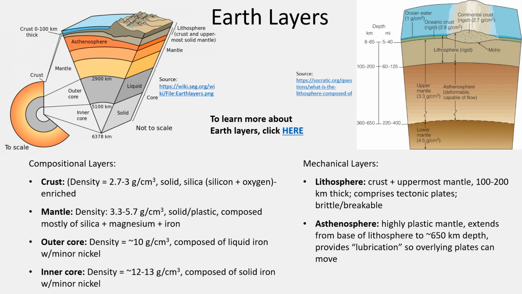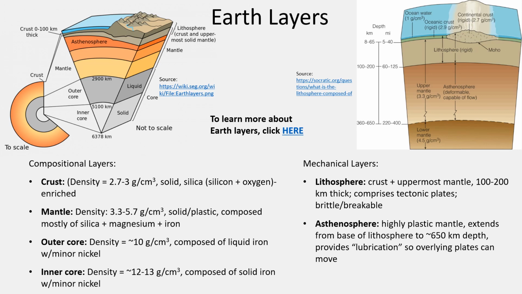So there's a lot on this slide. I encourage you to slow the narration down, stop the video where you need to, to really extract the most important information from this slide. But the take-home message here is that we can think of the layered Earth in 2 ways.